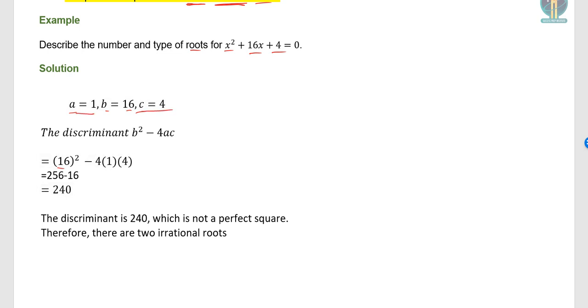And then evaluating this expression, we get 240. So 240 is a positive number, so that means we have 2 roots, but it's not a perfect square, so that means we have 2 irrational roots. Okay?